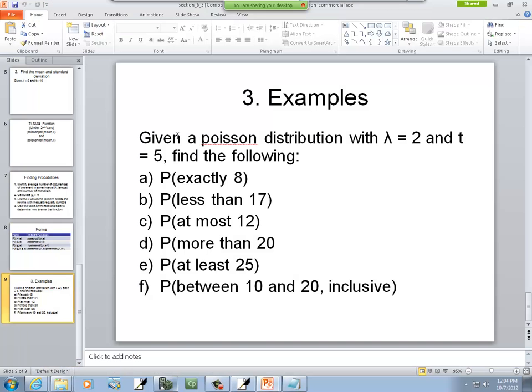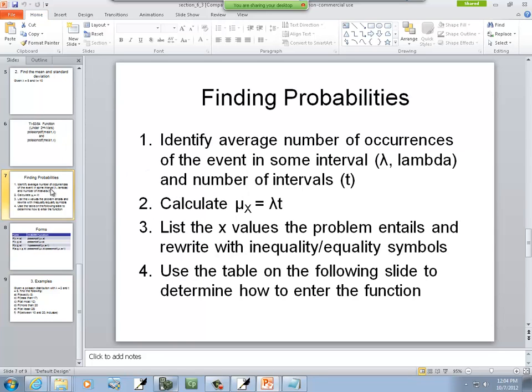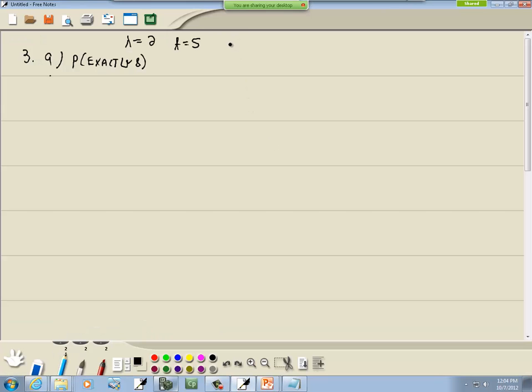Okay, so probability exactly 8. Our first step here is identify lambda and t. Well, that's already identified, so we don't need to find that. Find mu. Mu is lambda times t, so that'll be 2 times 5, or 10.